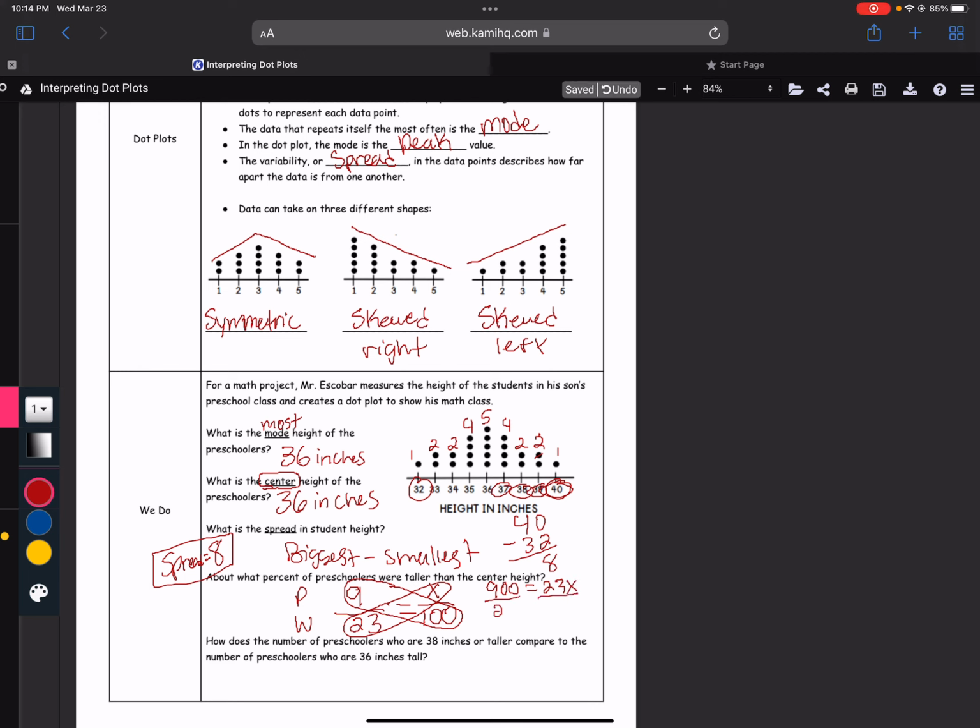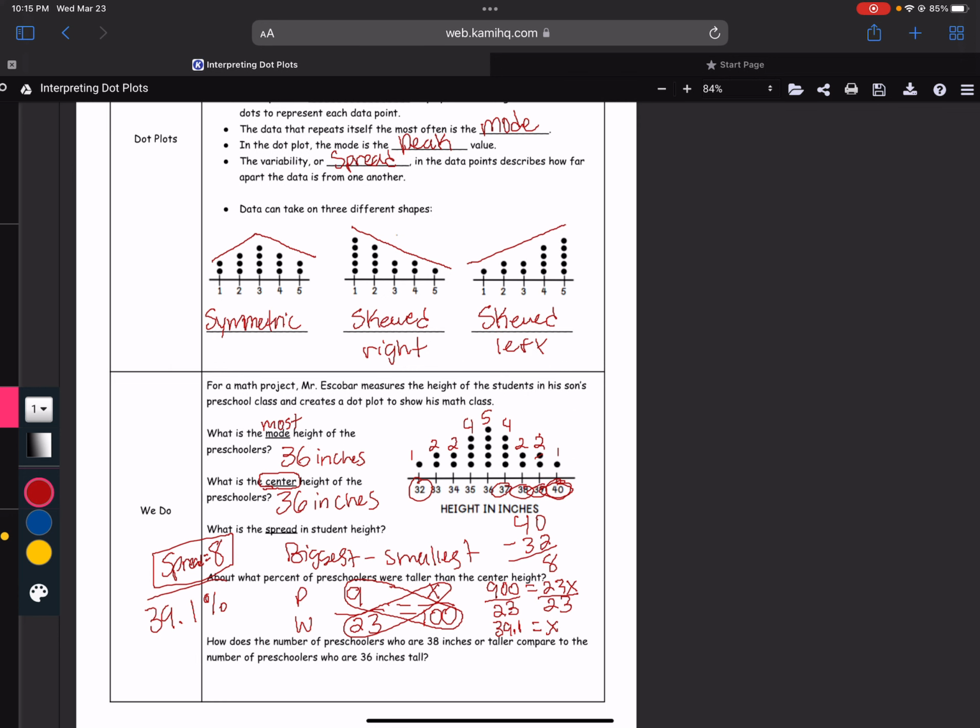So we're going to divide by 23 on both sides, and we're going to be left with x equals 39.1. So our percentage that are taller is 39.1%.